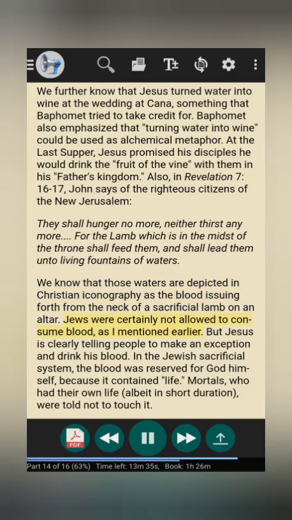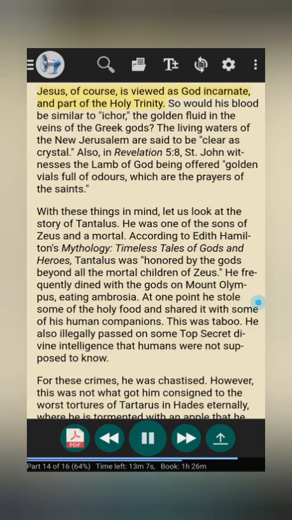Jews were certainly not allowed to consume blood, as I mentioned earlier, but Jesus is clearly telling people to make an exception and drink his blood. In the Jewish sacrificial system, the blood was reserved for God himself because it contained life. Mortals who had their own life, albeit in short duration, were told not to touch it. Jesus, of course, is viewed as God incarnate and part of the Holy Trinity.